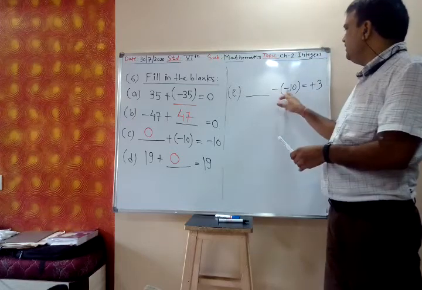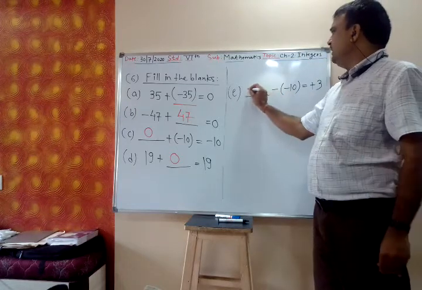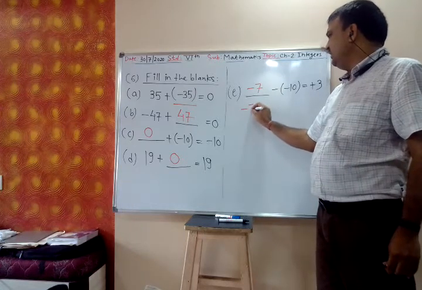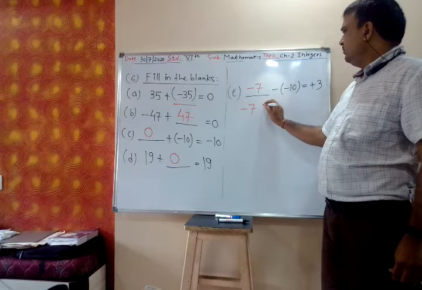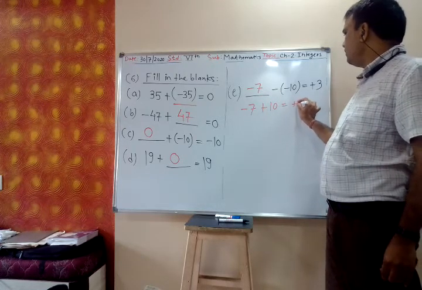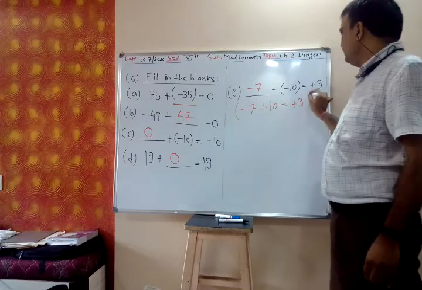Because this minus becomes plus, we write minus 7. Because minus 7 minus 10 is equal to plus 3. Minus 7 is the answer.